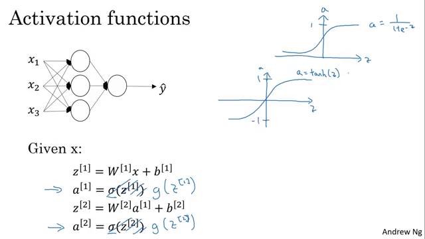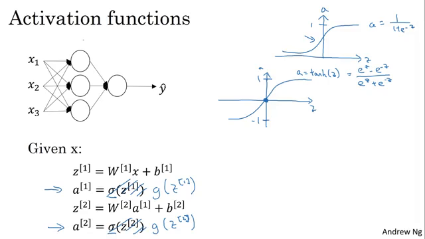The formula for the tanh function is e to the z minus e to the negative z over their sum, and it is actually mathematically a shifted version of the sigmoid function. So it's a sigmoid function just like that, but shifted so that it now crosses the 0, 0 point and rescaled, so it goes between -1 and +1.